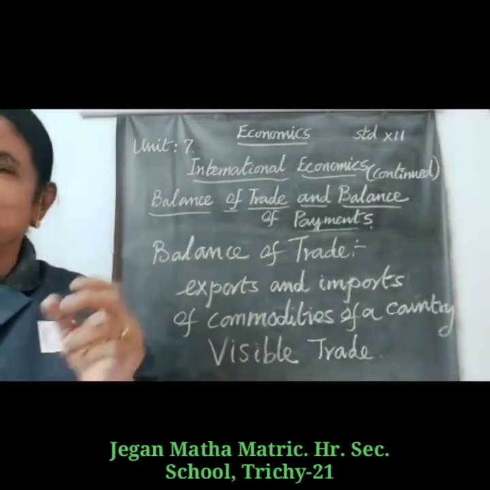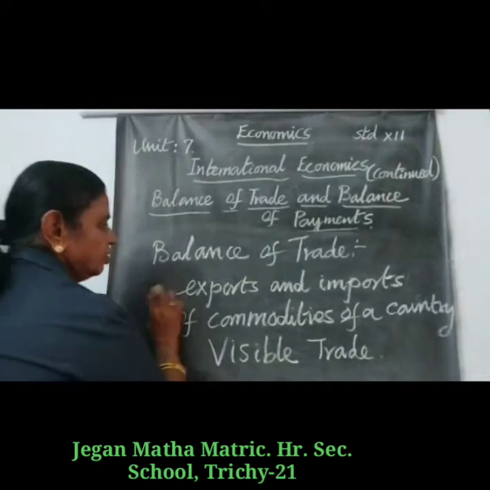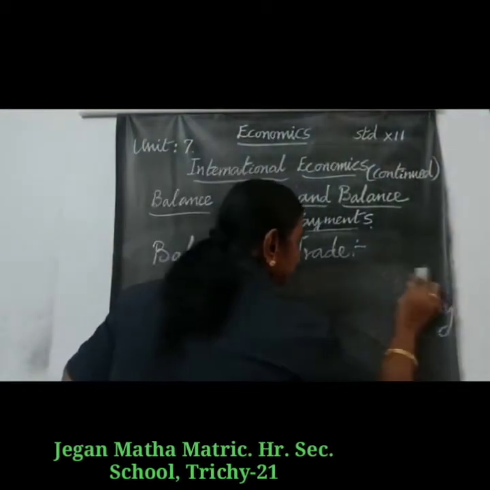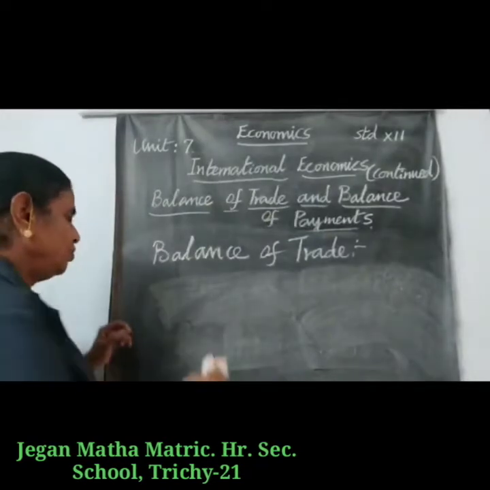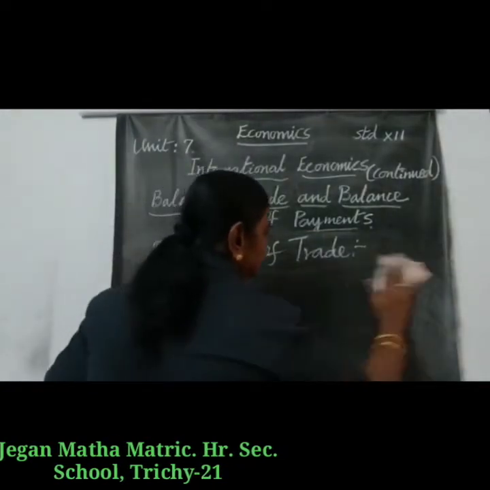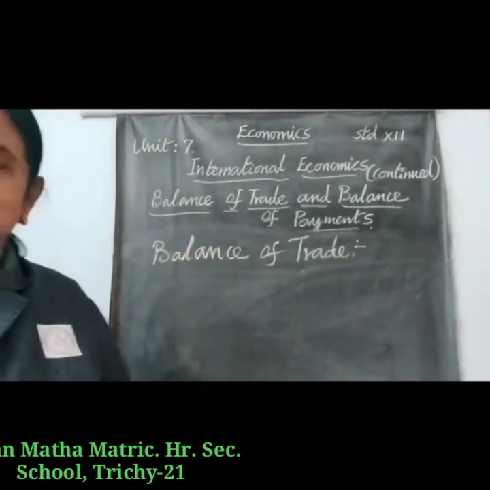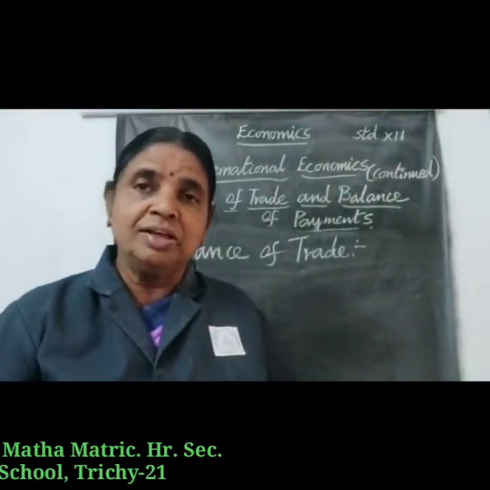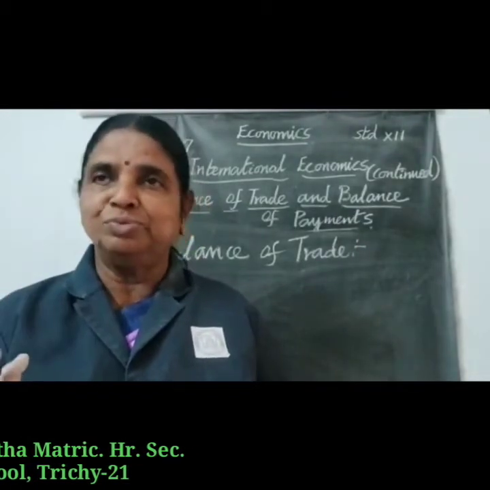And there are two types of balance of trade. The first type is favorable balance of trade and the second one is unfavorable. Since balance of trade deals with exports and imports, if exports exceed the imports, automatically it will be favorable.